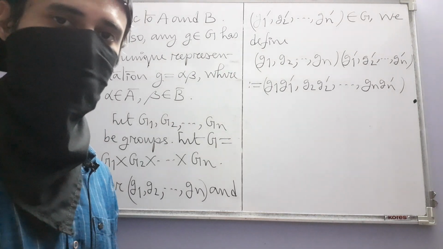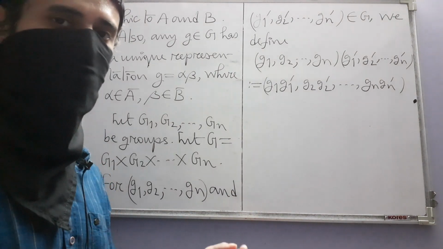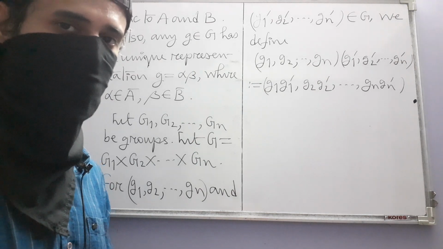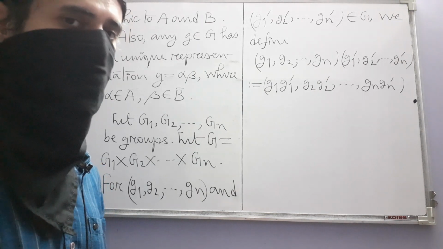Gi prime has been calculated in capital Gi using the binary operation that capital Gi has.